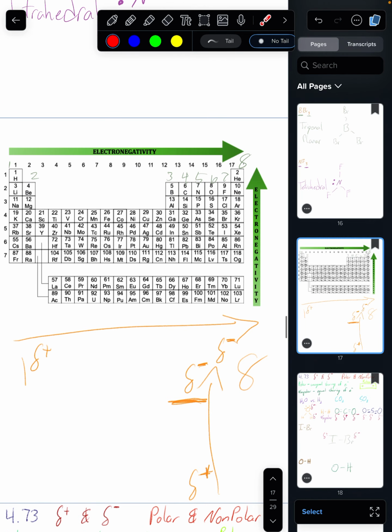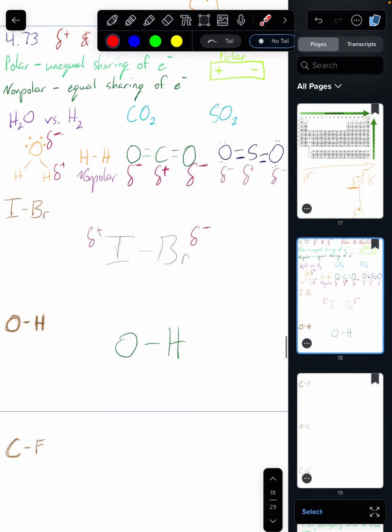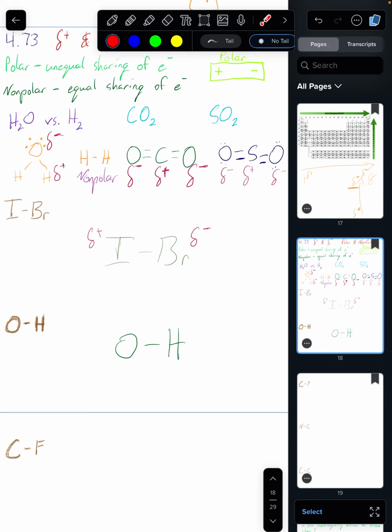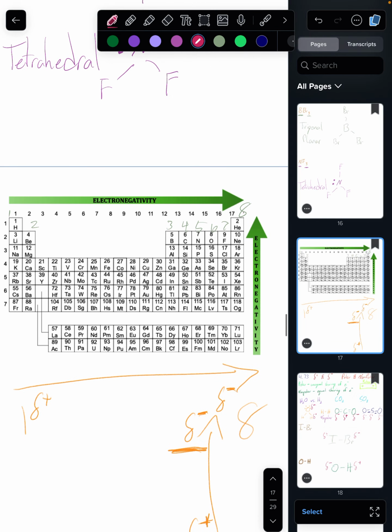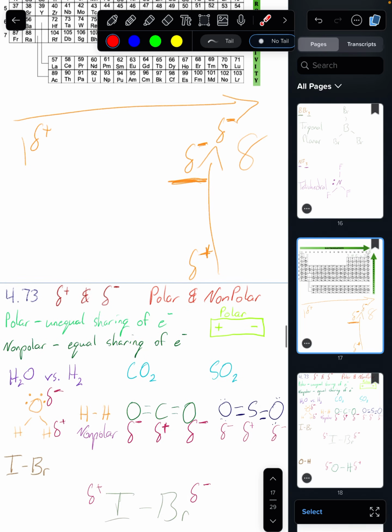So if you remember, oxygen is 6. 1, 2, 3, 4, 5, 6. That's 7. So it has an extra one. When you have an extra one, in this case, you would be negative, and your hydrogen would be more positive. And looking at our table, that fits us well. Hydrogen's over here, oxygen's over here, so oxygen's more electronegative.